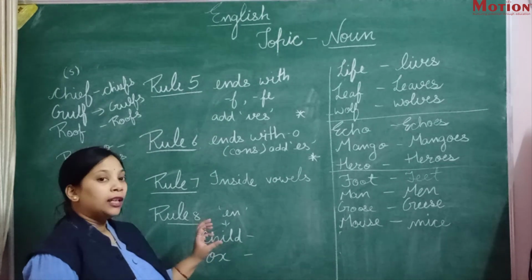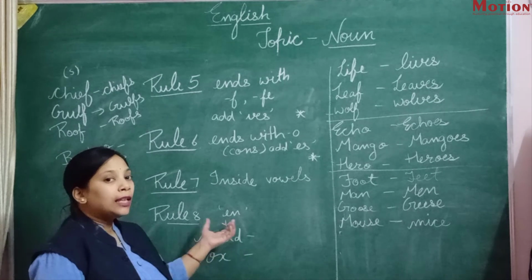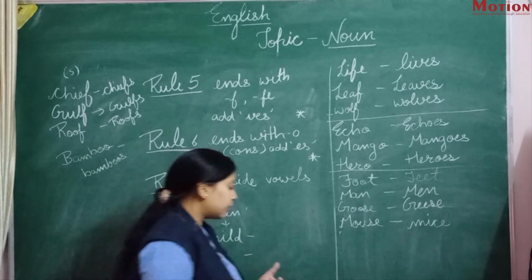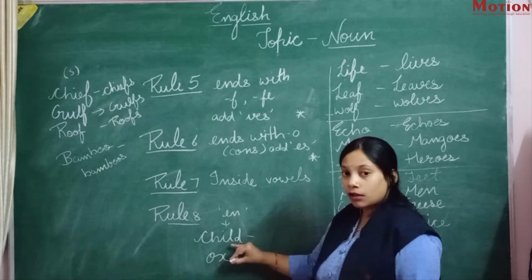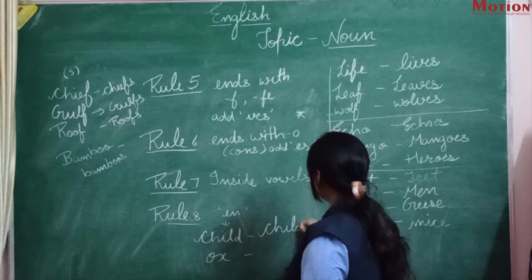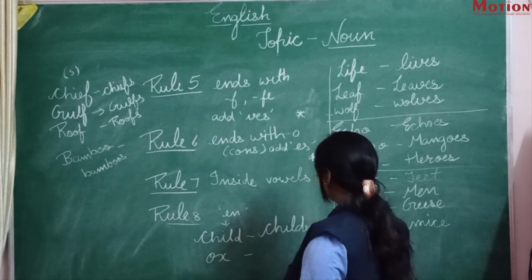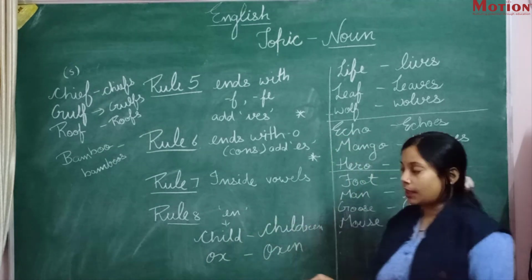There are some nouns that we add only en after, like child. Child is a singular form, and the plural form is children, oxen. These are also the exceptions.